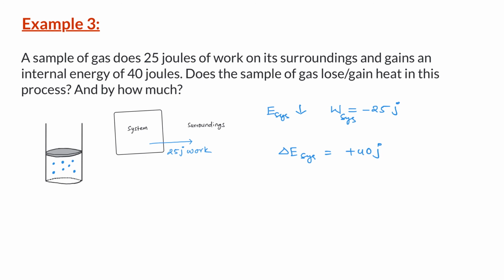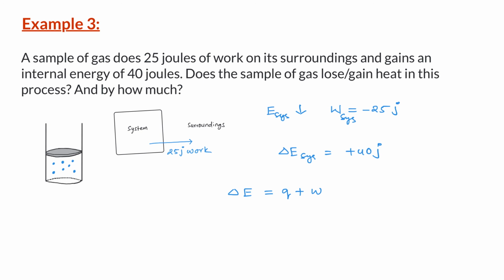We know that according to the first law of thermodynamics, delta E is equal to Q plus W, where delta E is the change in internal energy of the gas, and we know that in this example, the internal energy is increased by 40 joules, that is, delta E is plus 40 joules.